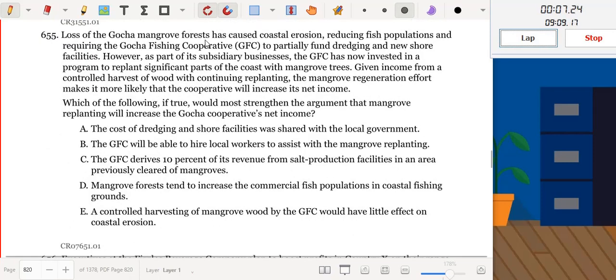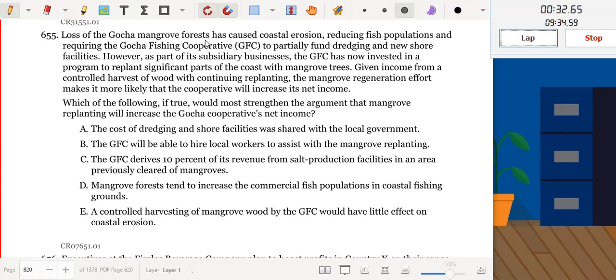Loss of Gocha mangrove forest has caused coastal erosion, reducing fish population and requiring the Gocha Fishing Corporation to partially fund dredging and new shore facilities. However, as a part of its subsidiary business, the GFC has now invested in a program to replant significant parts of the coast with mangrove trees.